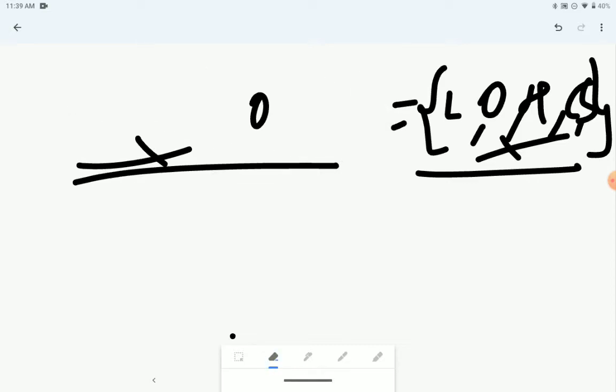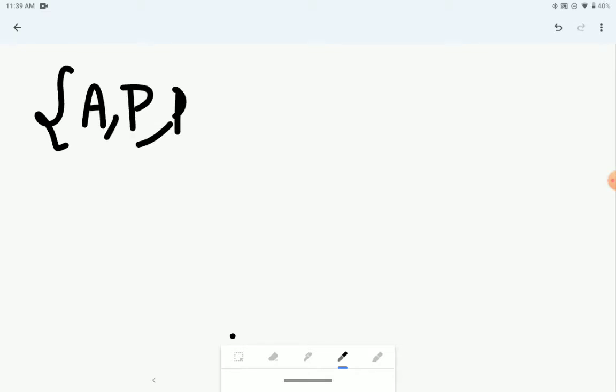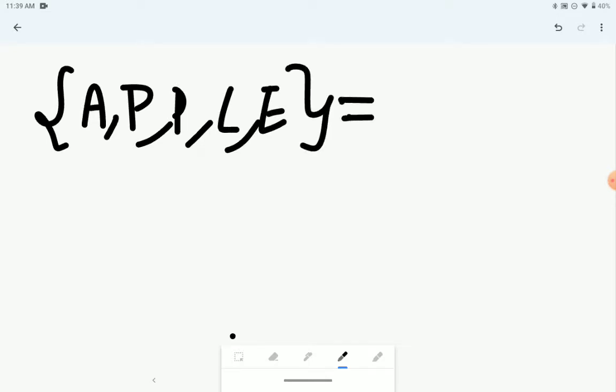Also, let us talk about the second property with an example. What is the second property? Repetition. No element should be repeated in roster form. Let's take apple. A P P L E. In apple, P is repeated two times, so we wrote it two times.